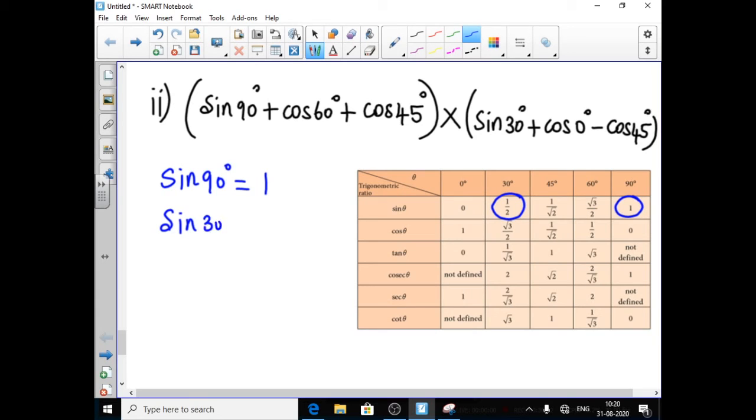Next one, cos 0 degree is equal to 1. Then cos 45 degree is equal to 1 by root 2.